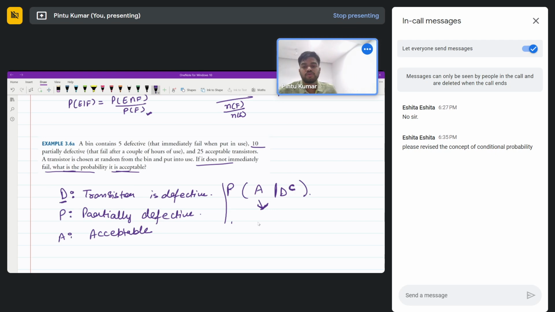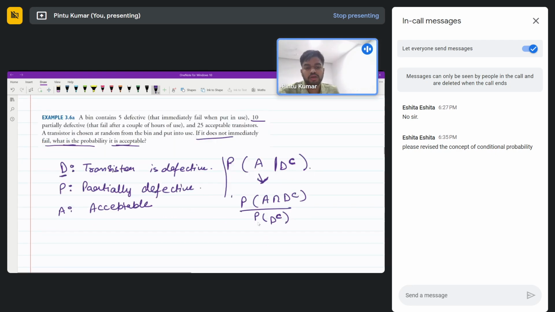So that would be the probability of A intersection D complement divided by the probability of D complement, right? This is what we have to calculate.